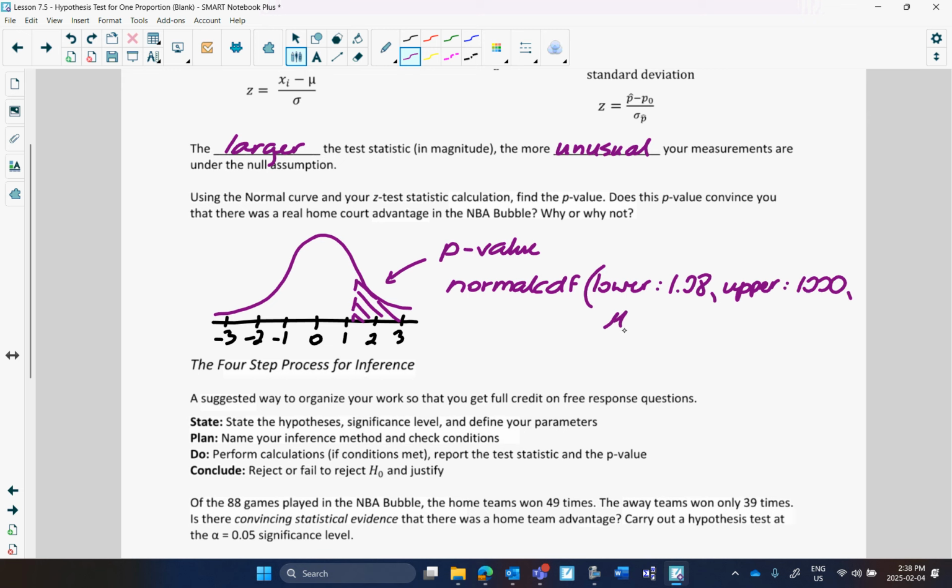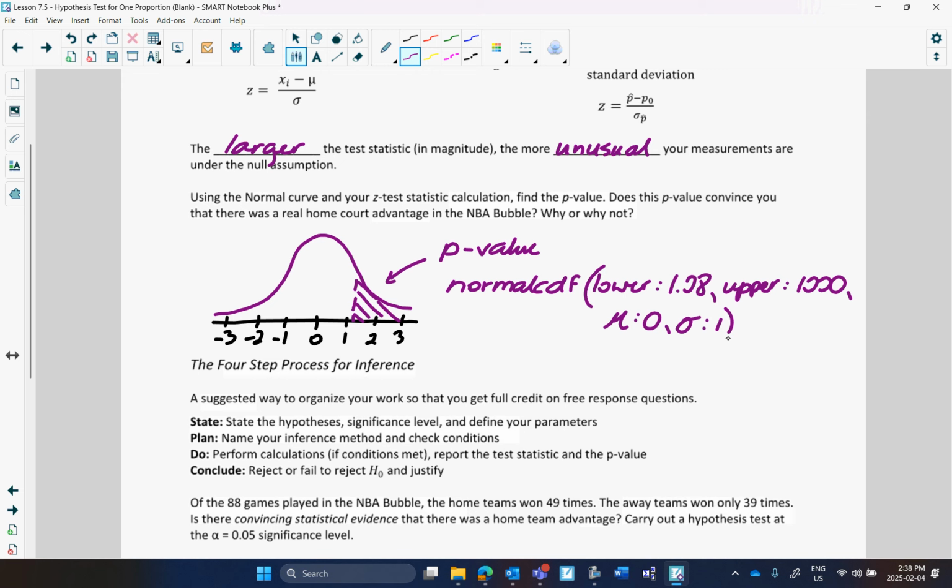The mean is 0, and the standard deviation is 1. And we should get, remember when we did the dot plot, we got 14%? We should get somewhere in that vicinity, but this will be a more accurate measure, because we did more simulations. We represented it better.